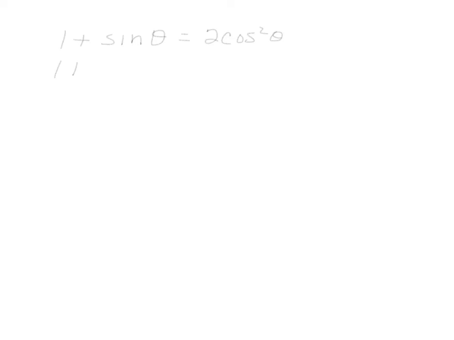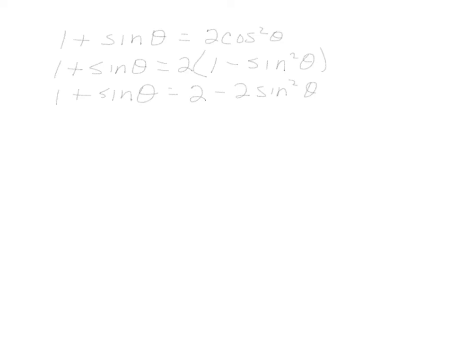We have 1 plus sine theta equals 2. We can change cosine squared again into 1 minus sine squared. Let's distribute this. 1 plus sine theta equals 2. 2 times this would be minus 2 sine squared theta.